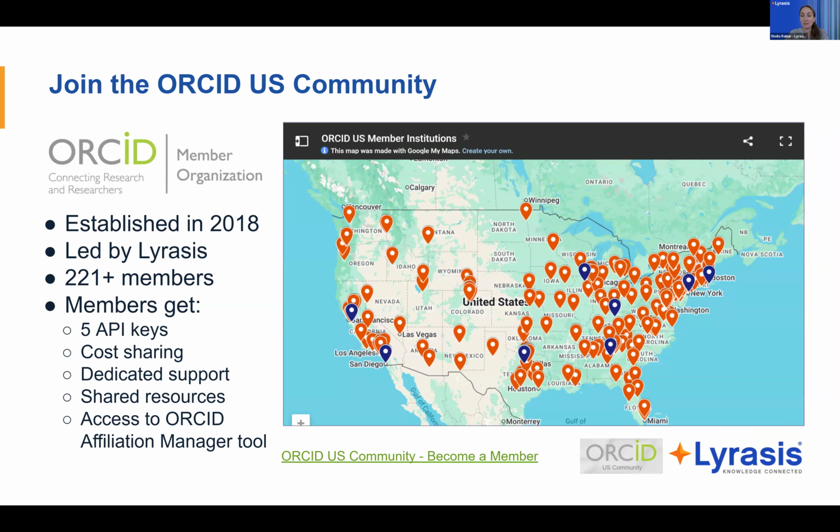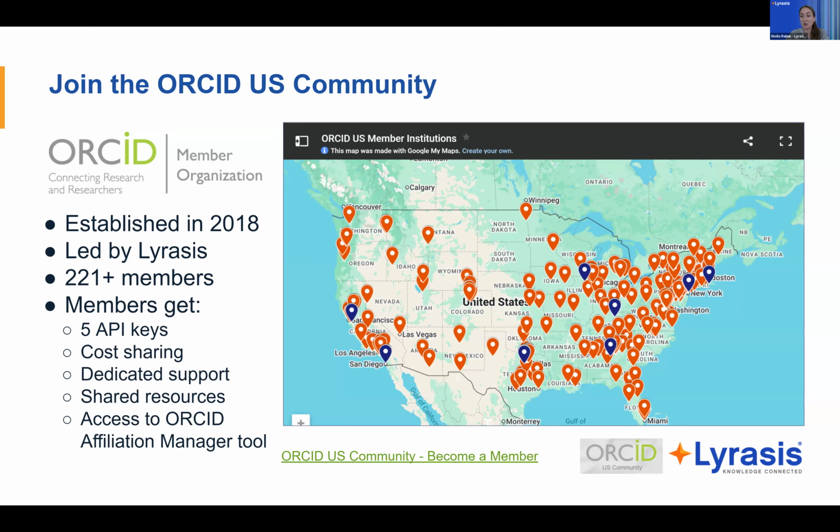So if your organization is not already a member of ORCID, that would be a great next step worth looking into. For-profit organizations can join ORCID as direct members, but if you're at a nonprofit organization, you can join through the ORCID US Community Consortium, which is a dedicated community of practice that is supported by Lyrasis as the consortium lead.